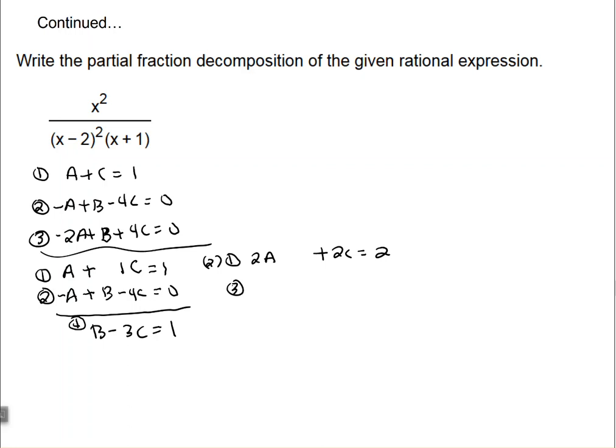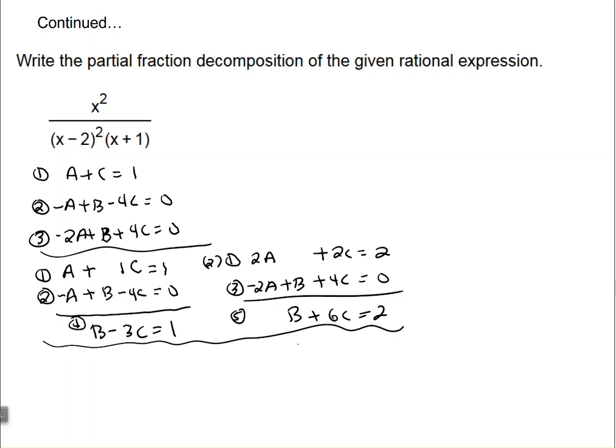And then equation 3. So the A's cancel. We end up with B plus 6C equals 2. All right, so now we use equations 4 and 5 to find the values of B and C.